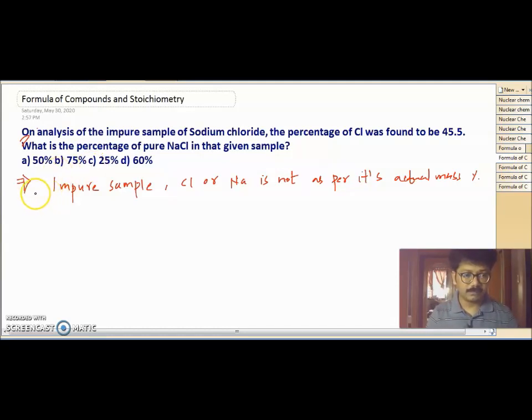Make sure this 45.5 is not the actual percentage of chlorine in sodium chloride. It is a little bit reduced because it is an impure sample.